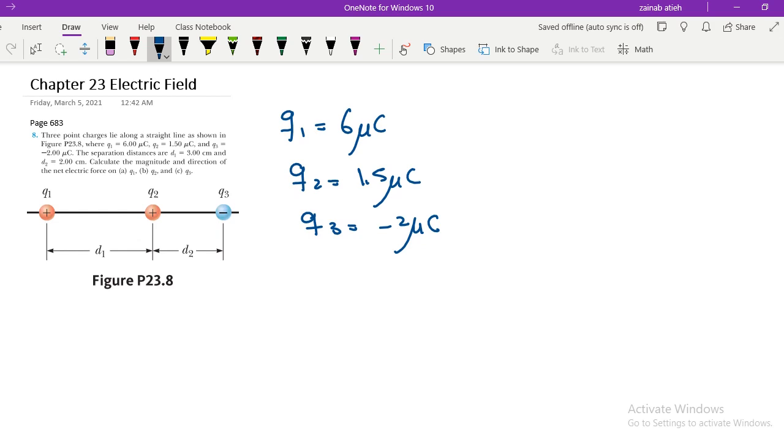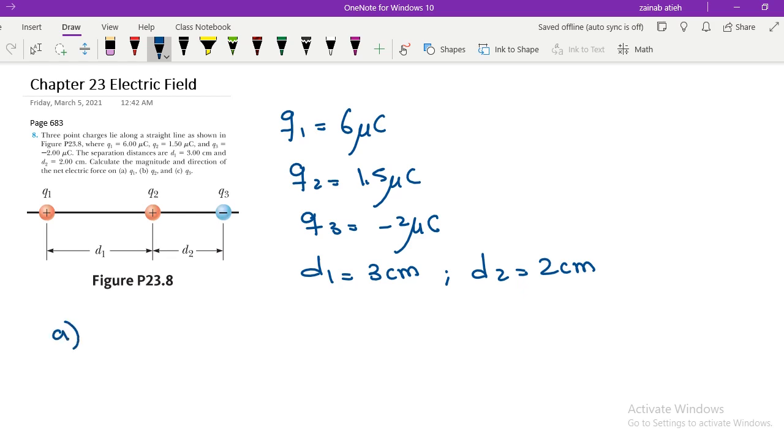The sign is very important when we draw the force because we must know if the other charges are attracting or repelling the charge of study. Given also D1 and D2, we've got D1 equals 3 cm and D2 equals 2 cm. This is the given.